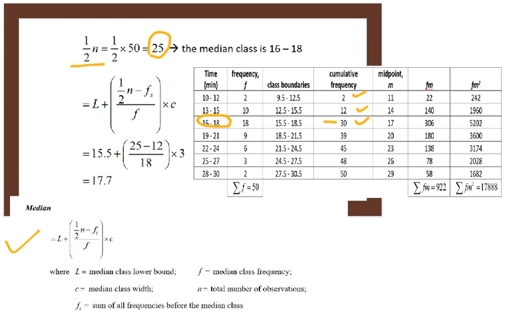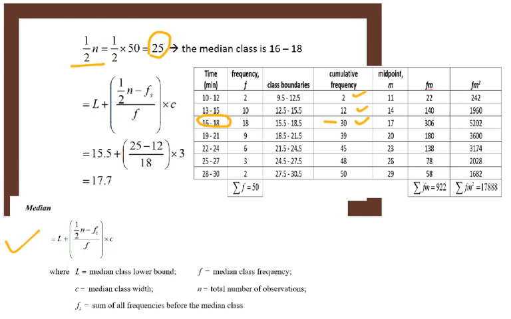Once you know 16 to 18 is the median class, you can start substituting the values into your formula. The formula given to you is L plus 1 over 2n minus Fs, divided by F, multiplied by C. So we start substituting. First we go with the L value, which has an explanation in your formula booklet.